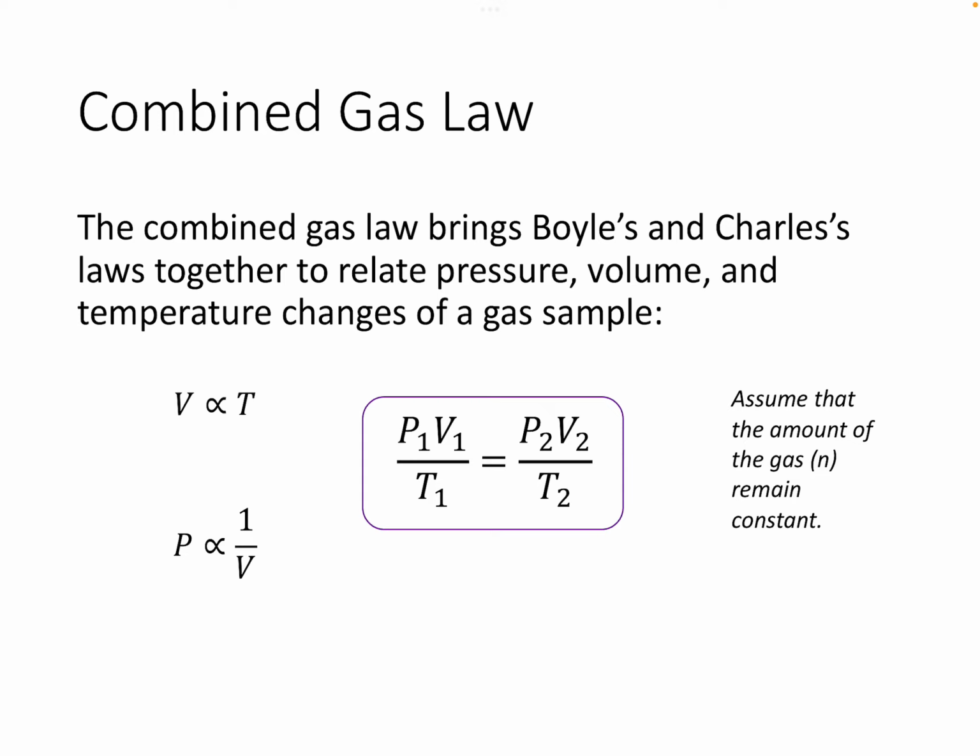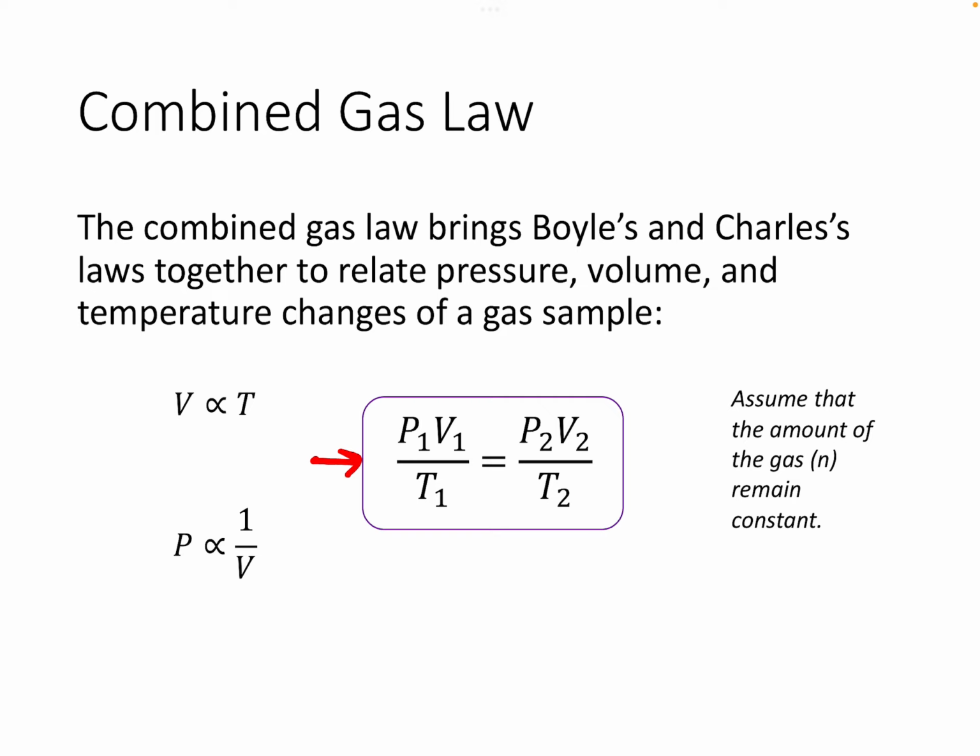So we can combine the two laws we learned previously, and we get the equation in the middle of the slide here. We have that an initial pressure times an initial volume divided by an initial temperature is equal to a final pressure times a final volume over a final temperature.